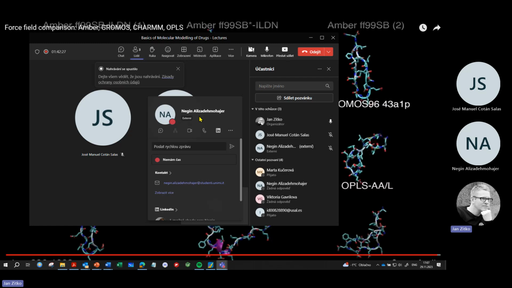Both of them will be held by Dr. Kučerová. The first lecture will be on some databases which can be used in drug design, and the last lecture, which will be in the new year, will be about some case studies from drug design based on molecular modeling. So 2 lectures remaining.